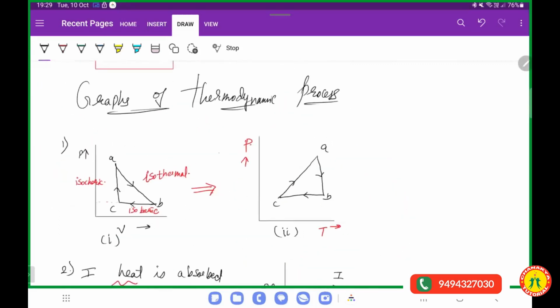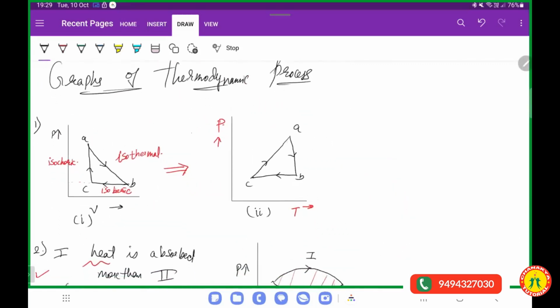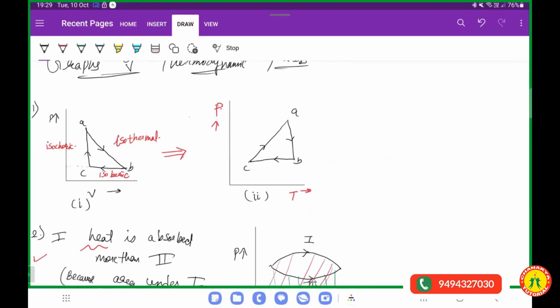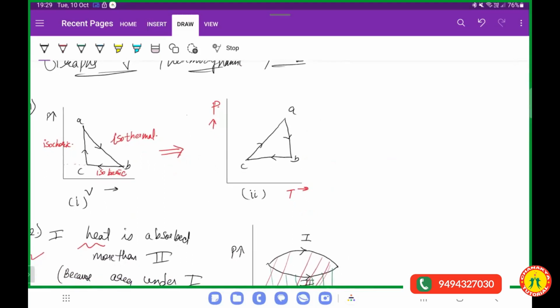Third one. So we wrote graphs for curve, that is first and second we saw. In that isothermal, we converted this PV graph into PT graph. See, when we are converting PV to PT, observe this.